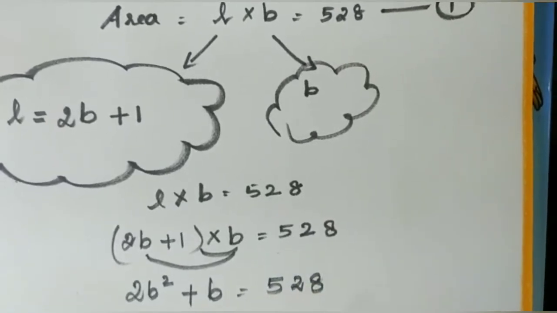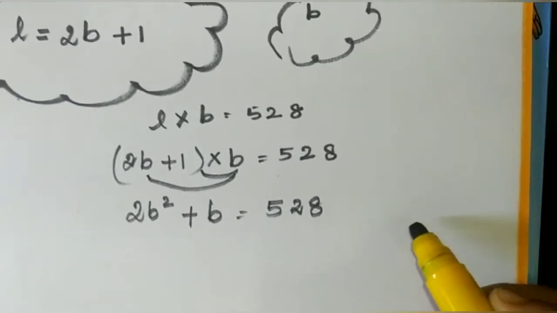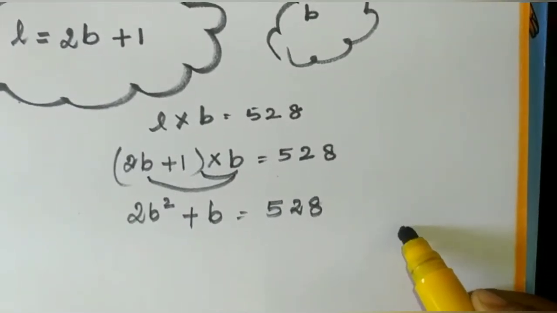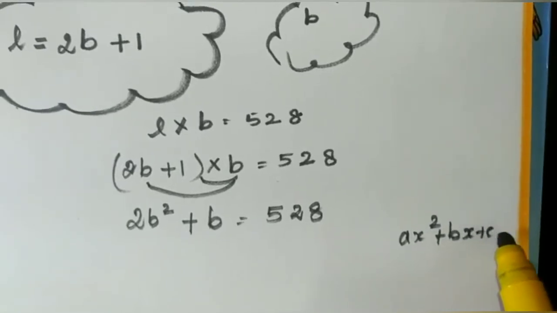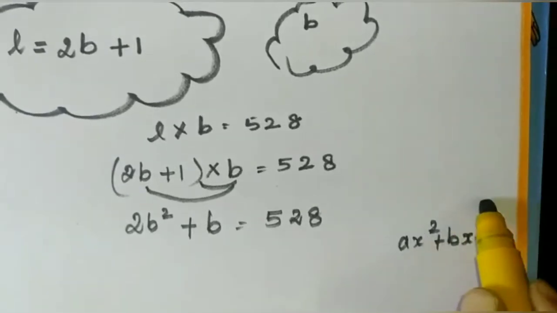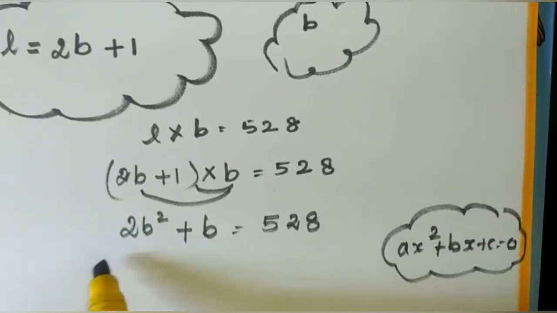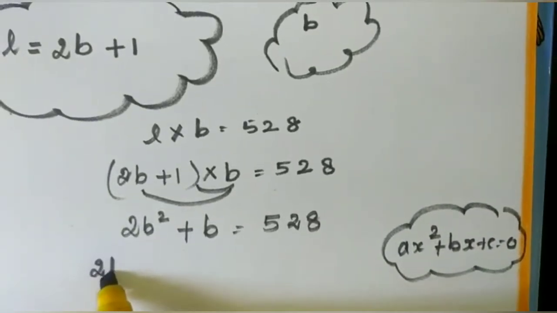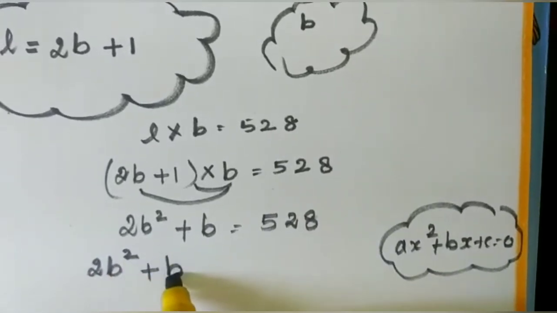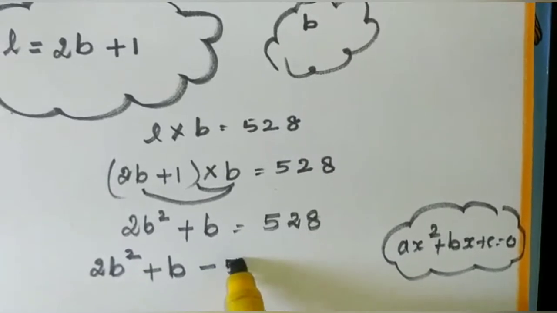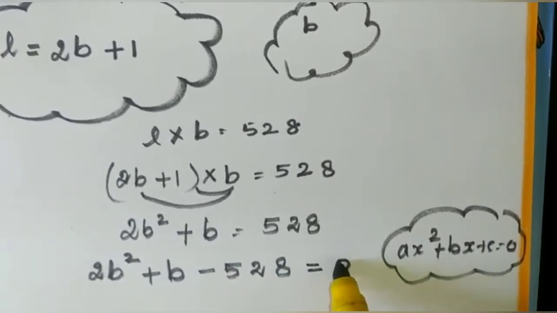Clear? So the quadratic equation must be in the form of ax square plus bx plus c is equal to 0. We have to write in this form. First the square term 2B square, next the B term and next the constant term is equal to 0.